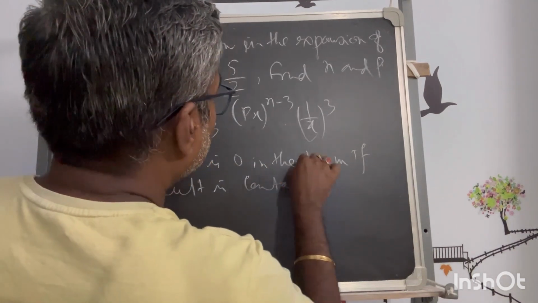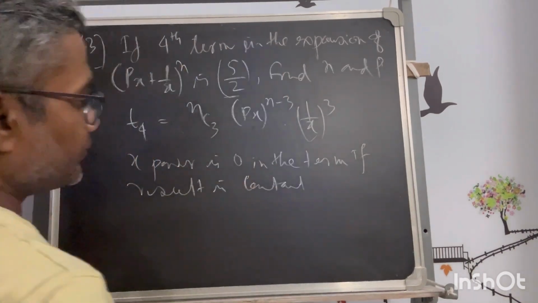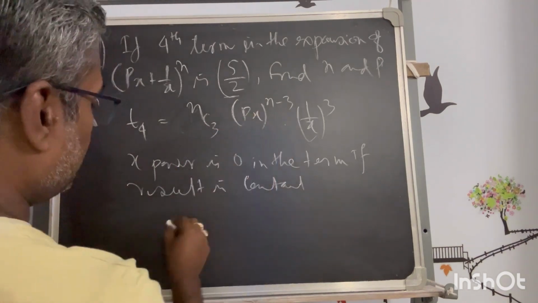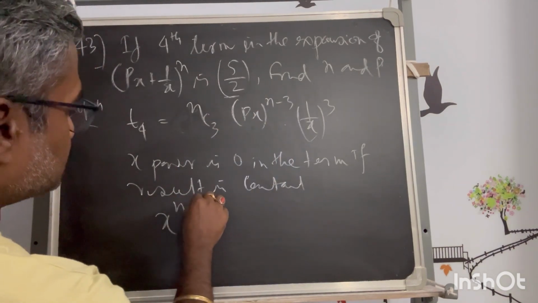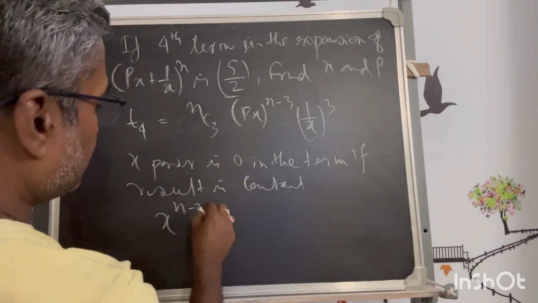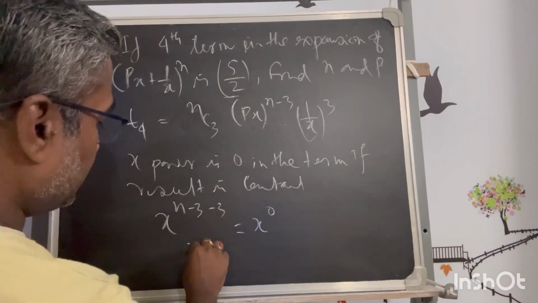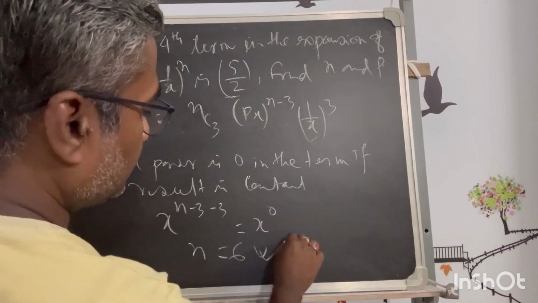So the x power is n minus 3 and again minus 3, so this is equal to x to the power 0. So n is equal to 6, automatically I got the answer.